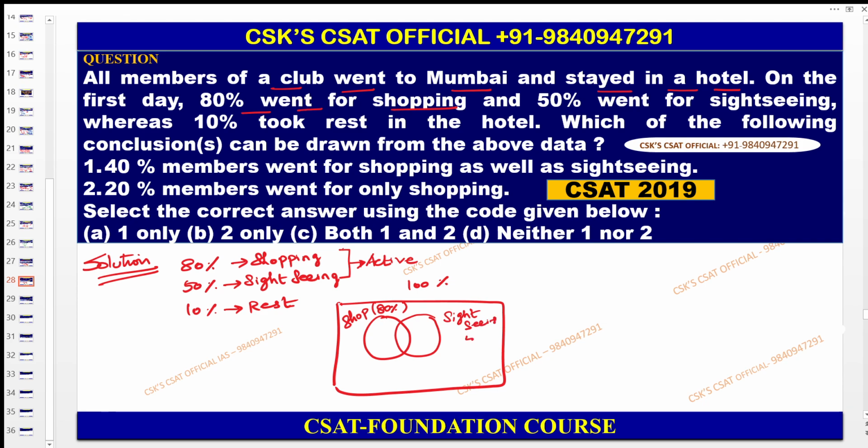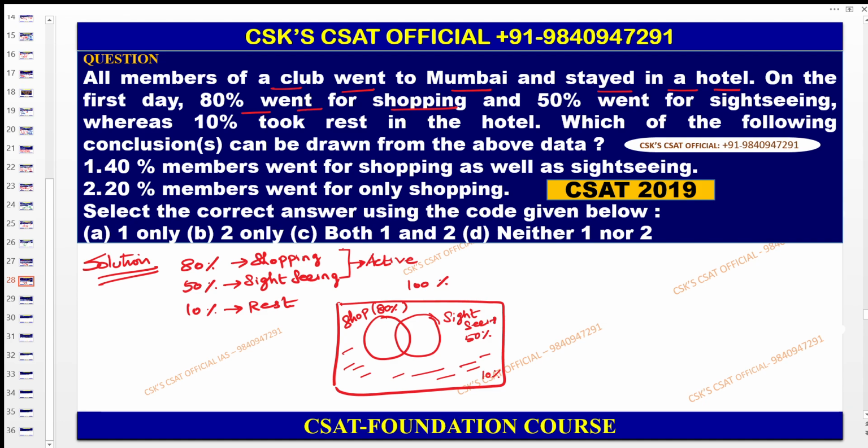Sightseeing is nothing but 50%. Now 10% took rest, which means that they are not even involved in those activities. So therefore you need to write 10% in this area, whatever the area is outside those two Venn diagrams, right? Outside that set. So now that is nothing but the 10%.